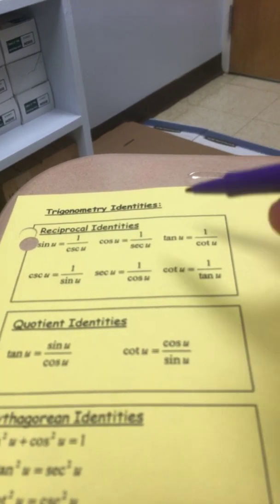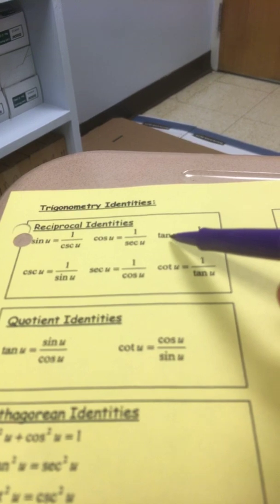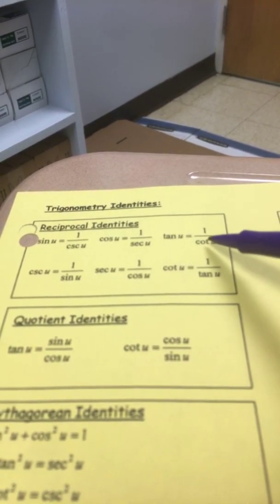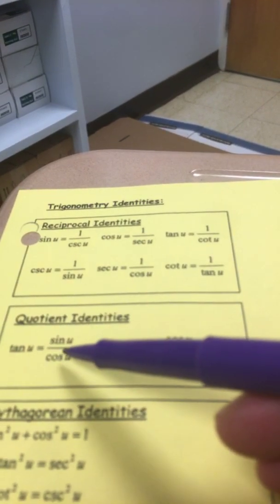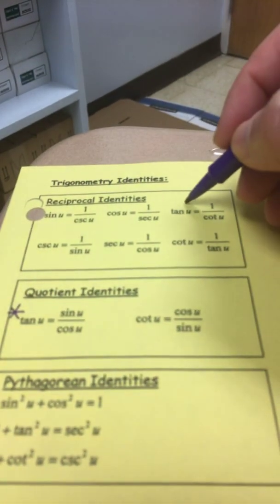So when you do this, I know in the first two boxes there's what tangent equals, and it's the flip of cotangent. But there's also this thing of what tangent equals: sine over cosine. You are going to want to focus on this one as opposed to this one. It's not that this one is wrong. It's just for what we're going to be doing, we're going to want to change tangent to sine and cosine.